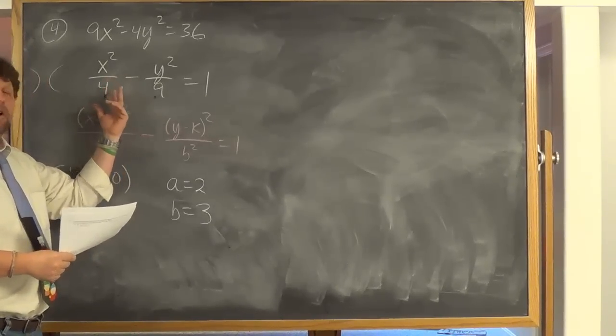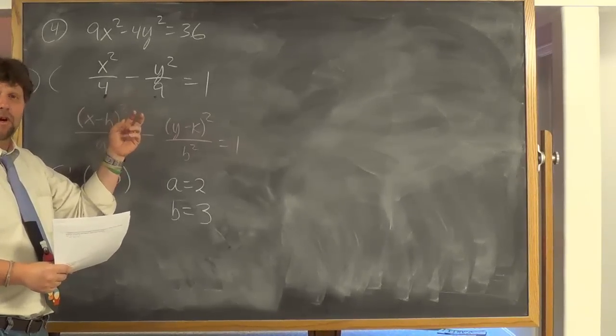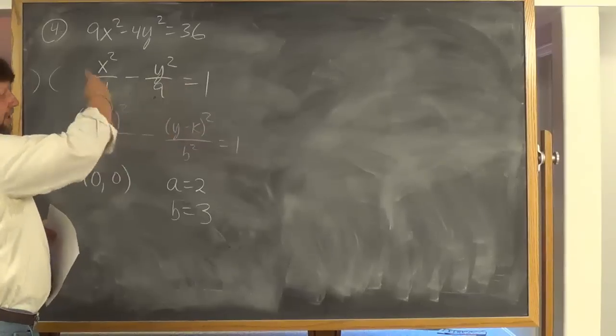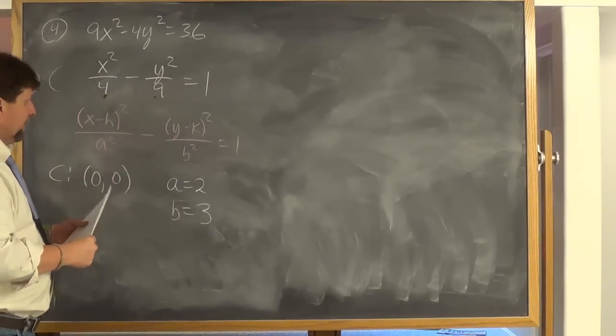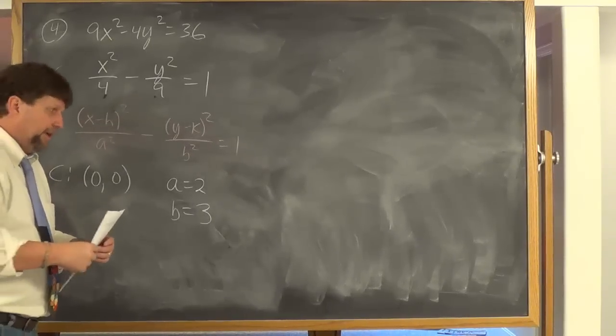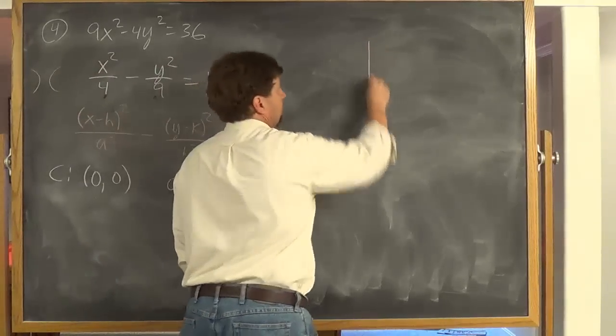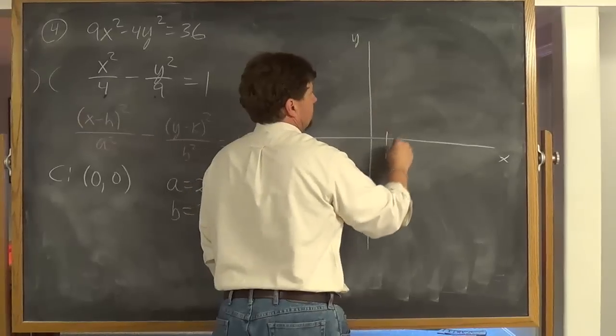If this were switched around and it said y squared over 9 minus x squared over 4, then I know the hyperbola would be doing this. So that's just my little trick. Here's how I do a graph. It's going to be a little different than what you've seen in your book. So let me get my coordinate axes here.